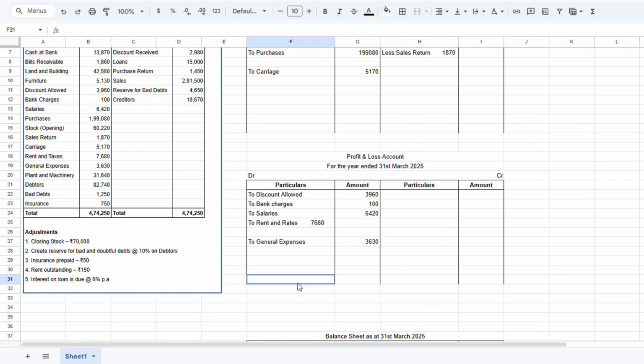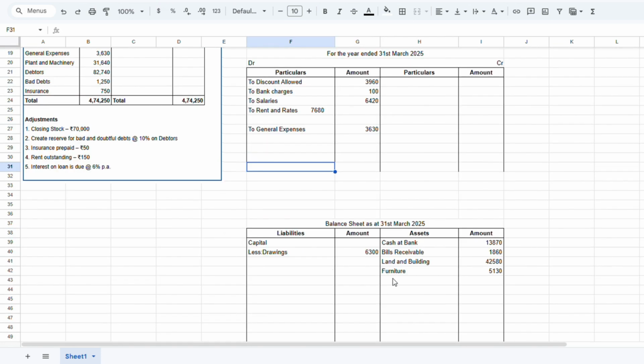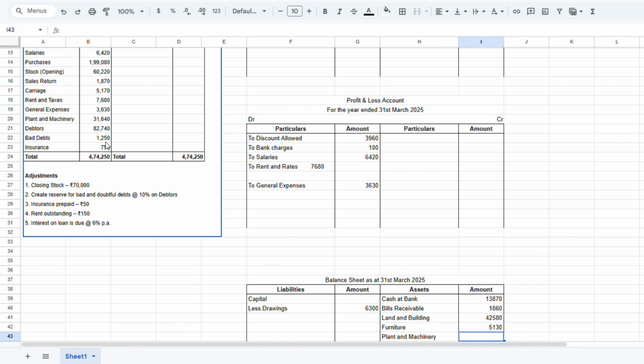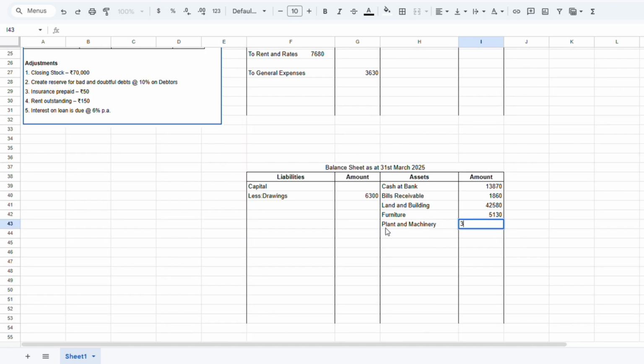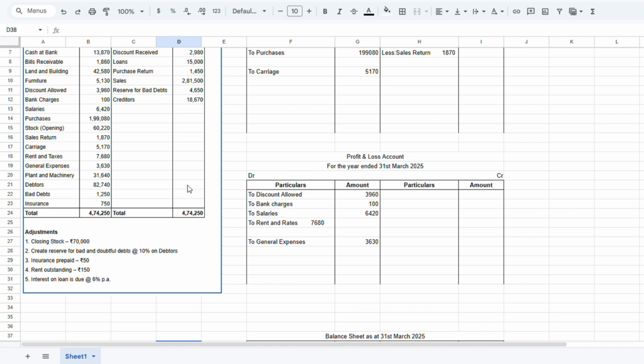Next, plant and machinery 31,640. Plant and machinery is an asset. So, balance sheet asset side, plant and machinery 31,640. Then we have debtors 82,740. Debtors is an asset, because we have sold the goods and now the customer has to pay us the money.